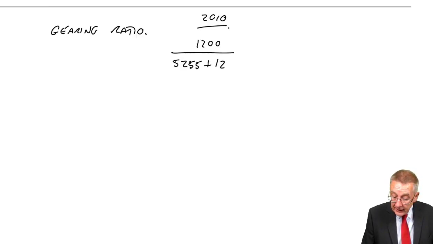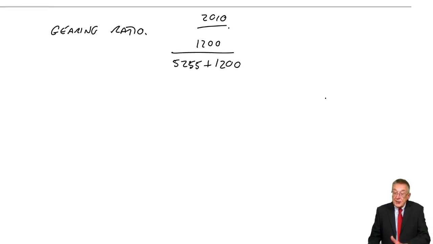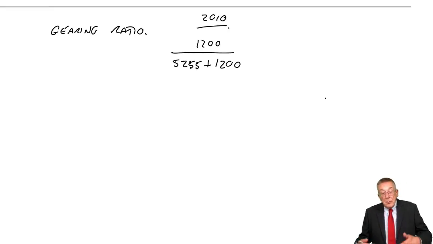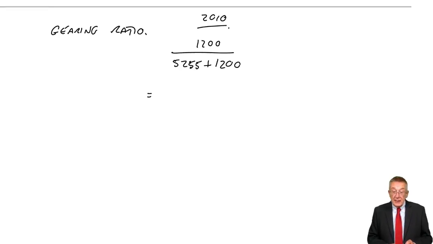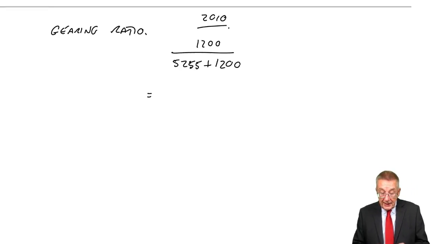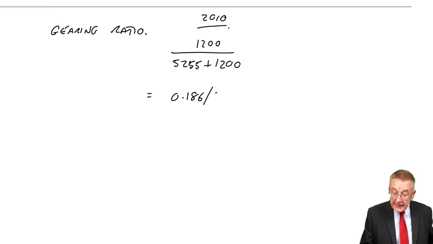From debt, 1,200. So the total long-term money in the business is the two together, 6,455. What proportion of that is coming from non-current liabilities? Well, 1,200 divided by 6,455. I get 0.185, 186, or 18.6%.